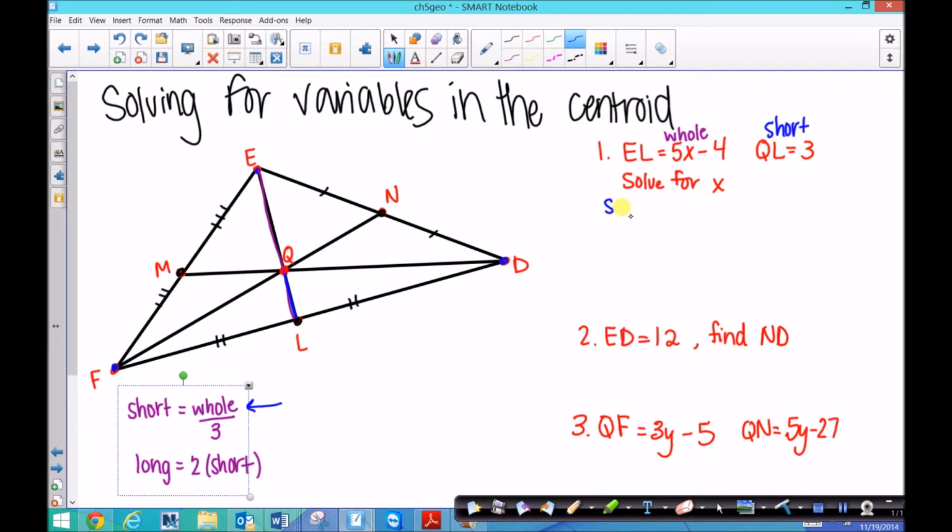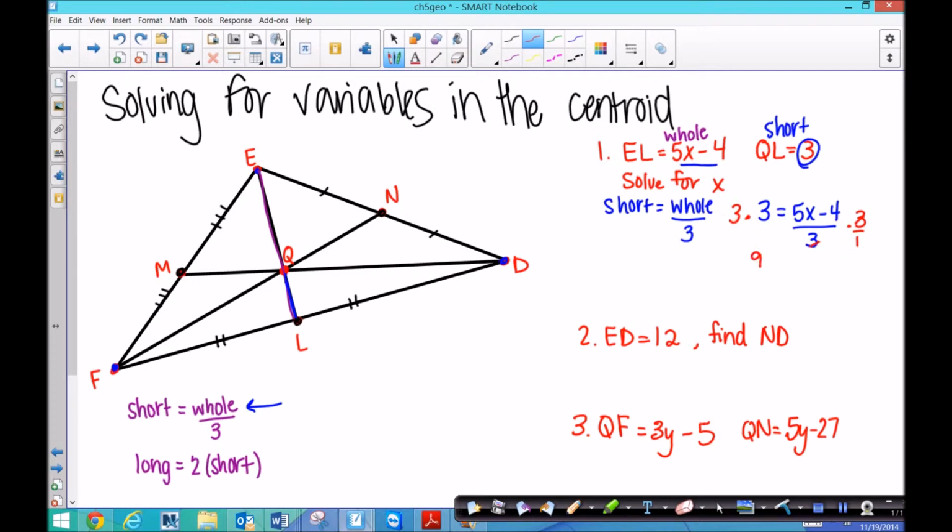So we're going to write that down: the short is equal to the whole divided by 3. Well, our short is 3, the whole is 5x minus 4, and we need to be dividing it by 3. If we need to get rid of a divide by 3, we're going to do the opposite operation and multiply by 3 on both sides.